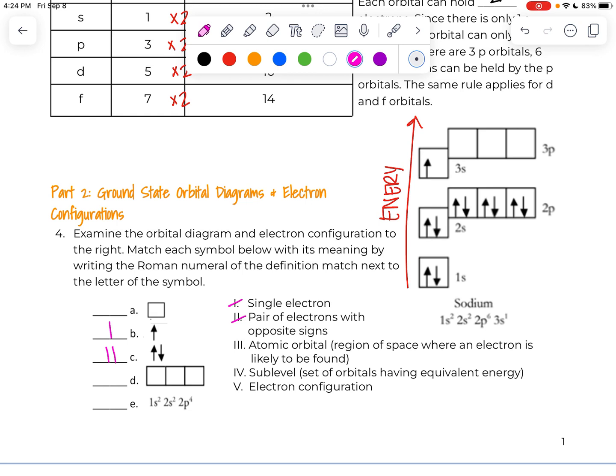So I noticed that those electrons, those arrows, are residing within those boxes. So that clues me in that they are a space where I can find electrons. Ooh, area of electron density. That sounds like an orbital, which means that each of those boxes must be representing an atomic orbital. So A must be III.